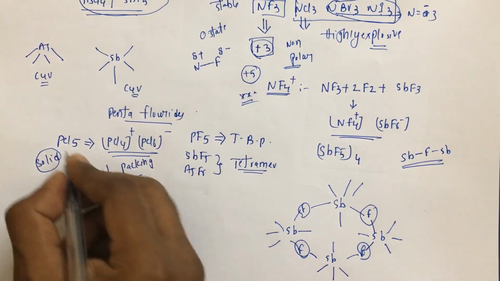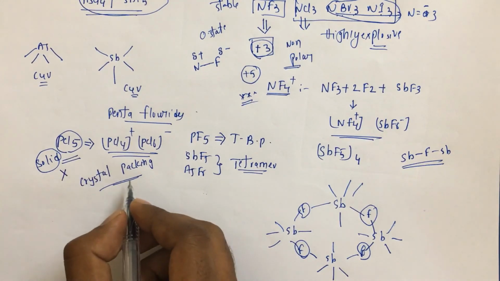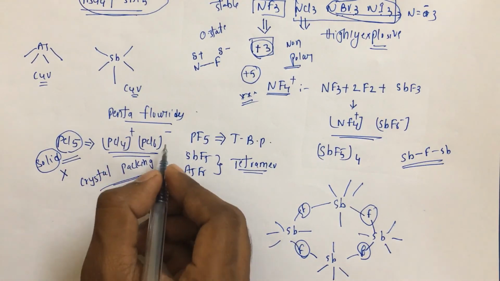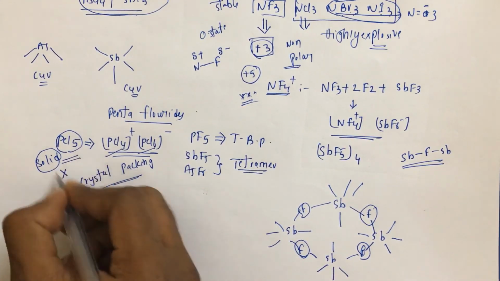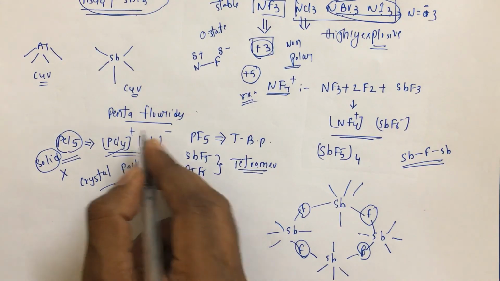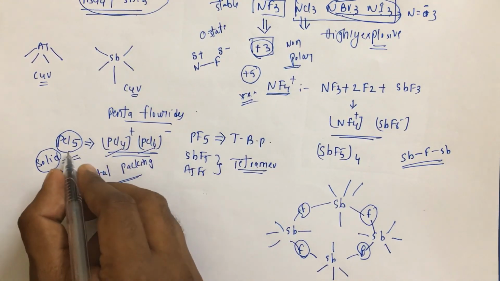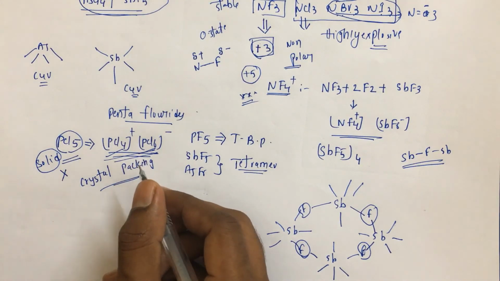So for PCl5, the packing pattern is not that good compared to PCl4 plus and PCl6 minus. In these two ions, the packing efficiency is good. Because of that reason, in the solid state, PCl5 will exist as PCl4 plus and PCl6 minus.